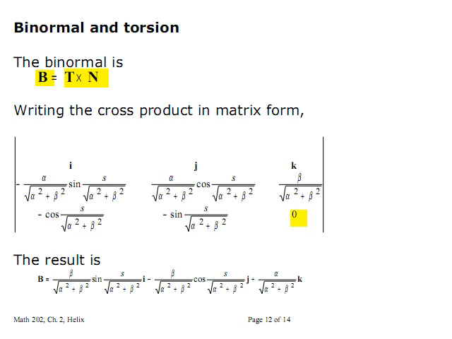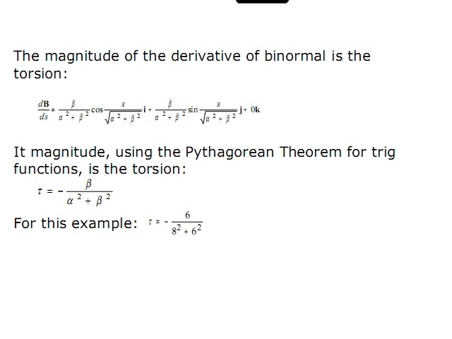They were just derivatives of sines and cosines. Then we take the result, we get the b vector. We're going to have to take its derivative again to find the torsion. So I take the derivative of the vector b, which is actually very small here. I could have made that font a little bit bigger. And we need its magnitude.